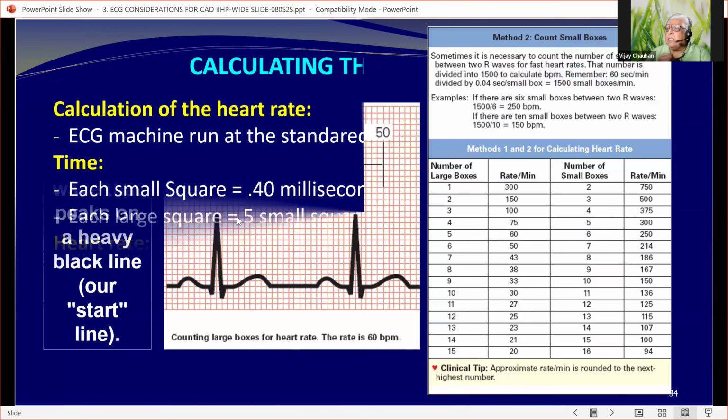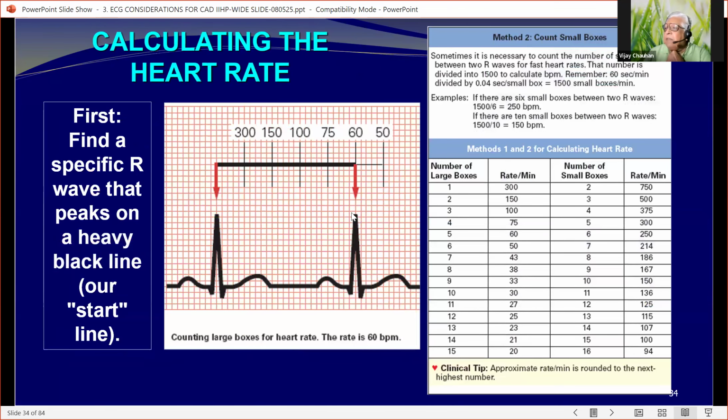तो उसको इस तरह देख सकते हैं, ये R wave to R wave is one QRS, one cardiac cycle. One cardiac cycle is from R wave to R wave. So if you count 1, 2, 3, 4, 5, this includes one big square, second big square, third big square, fourth big square, fifth big square.